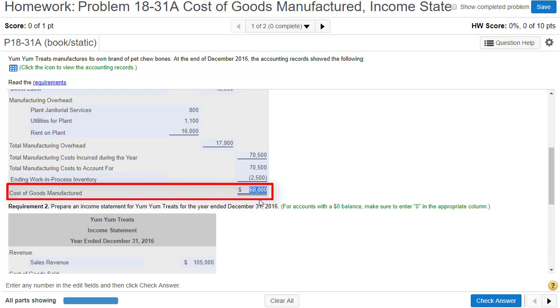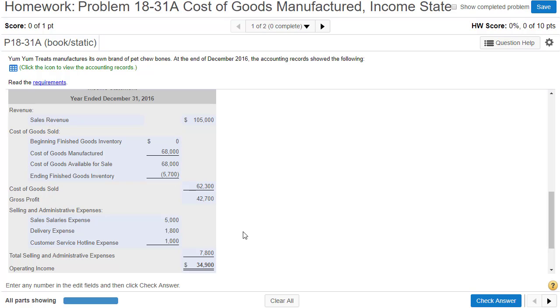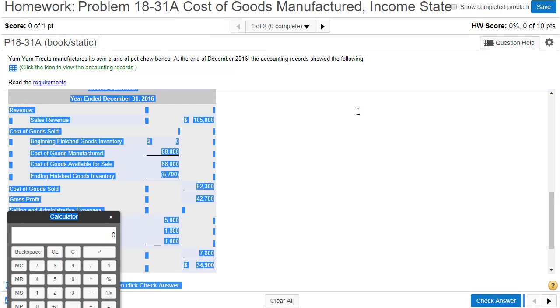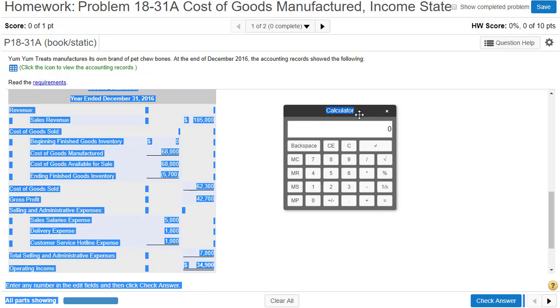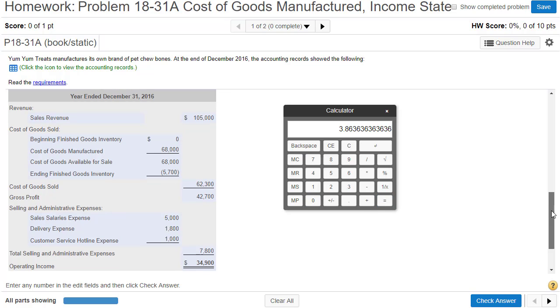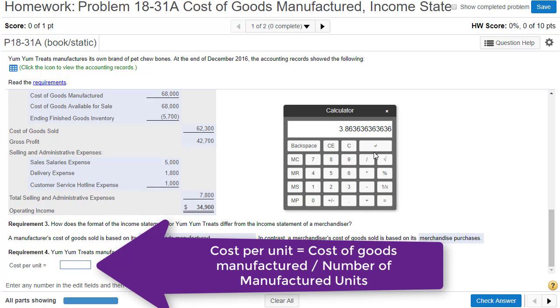So we're going to take 68,000. Let me use this calculator. We're going to divide by 17,600 units. Gives us 3.863636363636, and so on.